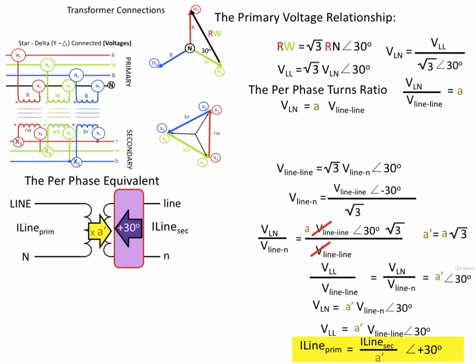In other words, if we were going from the secondary to the primary, we would have to add 30 degrees. So you remember our black box that says the voltages and currents are shifted the same by 30 degrees. So there's no difference between the shifting of the phase of the voltage or the current. However, the turns ratio is inversed.